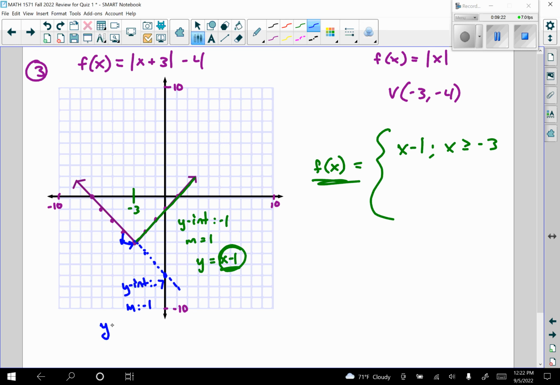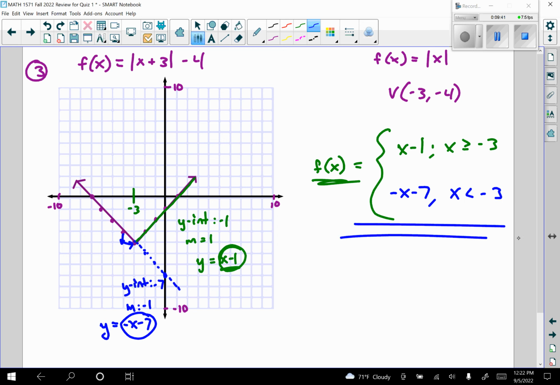So this line is actually y equals negative x minus 7. But this is the only part I'm putting in here: negative x minus 7. Since I included the negative 3 with the top part, I can't include it with the bottom part. But these are all values to the left of negative 3, so x is less than negative 3. So this whole part right here would be the piecewise function.